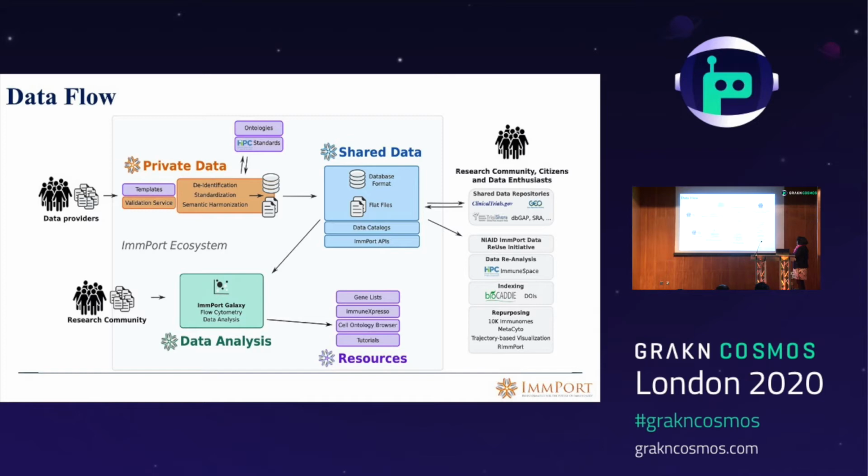So the data collected on the studies goes to the shared data space, and then it's disseminated to the research community and citizen scientists, data enthusiasts. Those are the ones we cater to. So this is just a workflow. And then we also have some data analysis tools that we develop in-house for carrying out secondary analysis of the open access data sets.